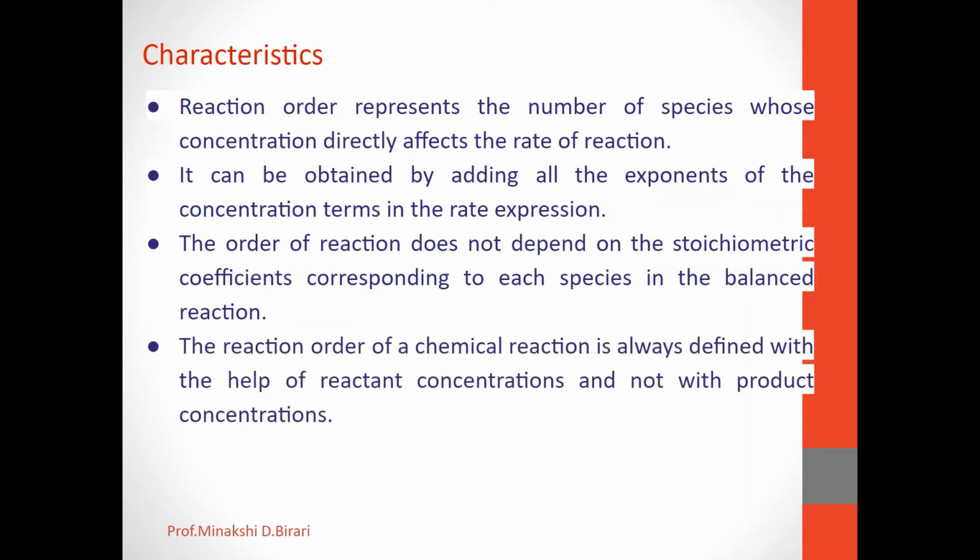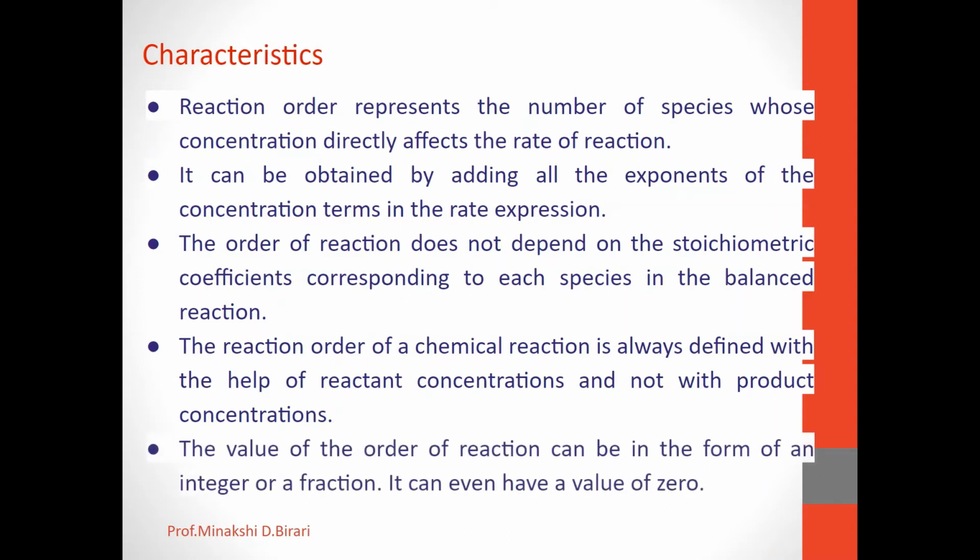The reaction order of a chemical reaction is always defined with the help of reactant concentrations and not with product concentrations. The value of the order of reaction can be in the form of an integer or a fraction. It can even have a value of 0.